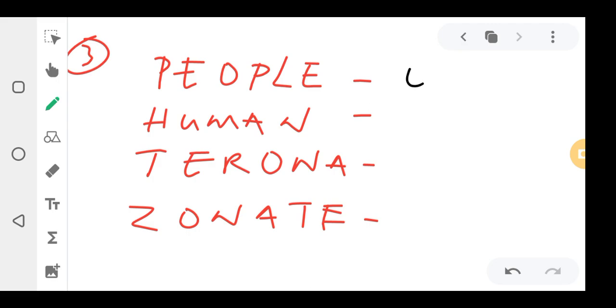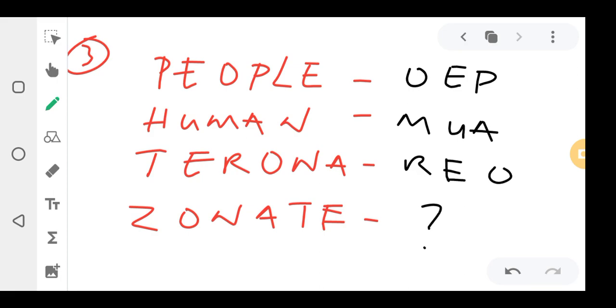We've got O, E, P, M, U, A. That's a pattern. And then here we've got R, E, O. What about this one? What's the pattern?